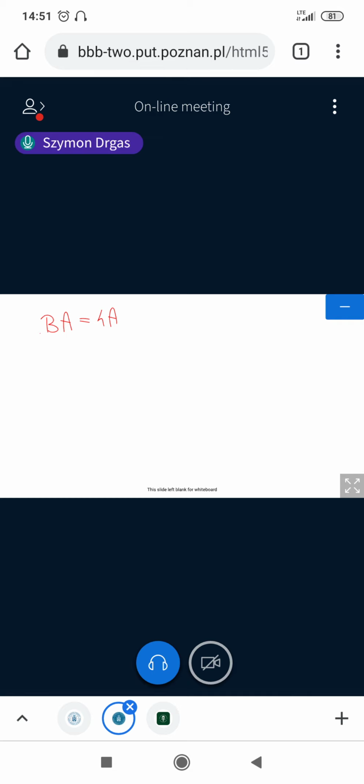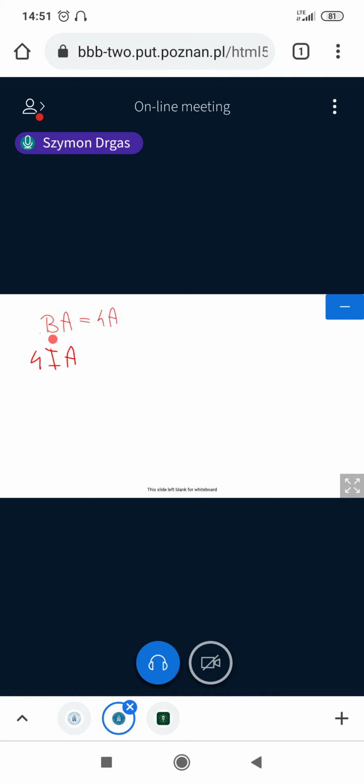Yes, like the identity matrix, but with 4 instead of 1. It's because we can write that this is the same as 4 times I times A, okay? Because I times A, the identity matrix multiplied by A, is the same as A.